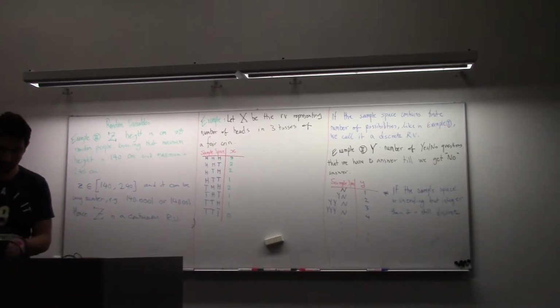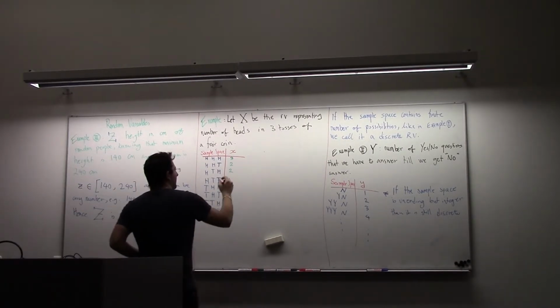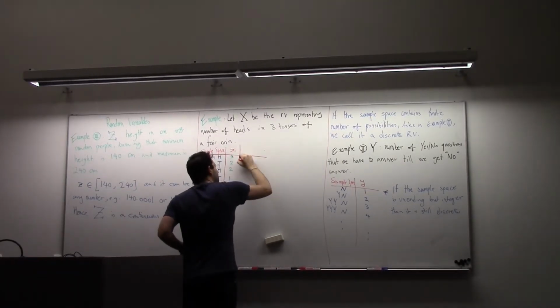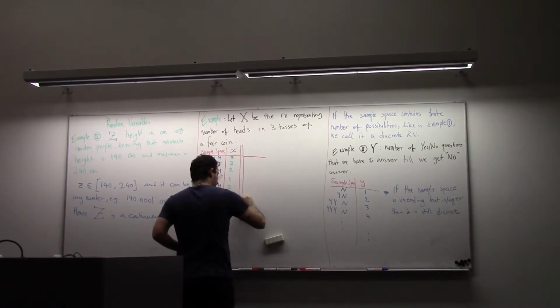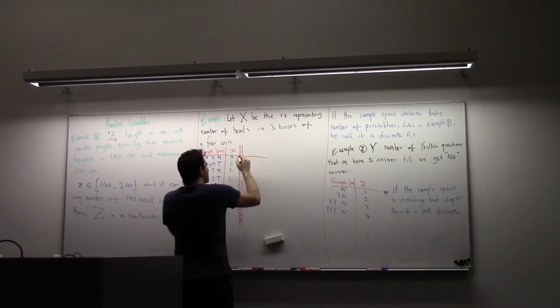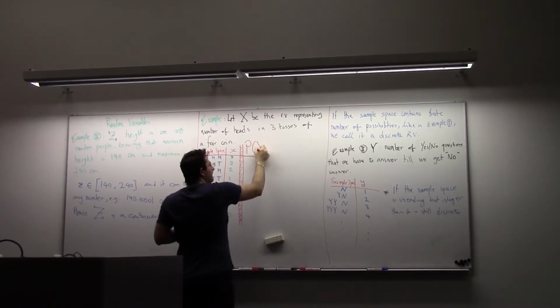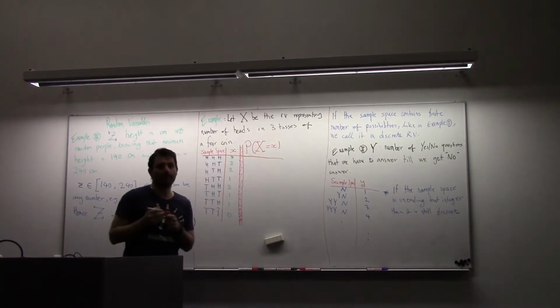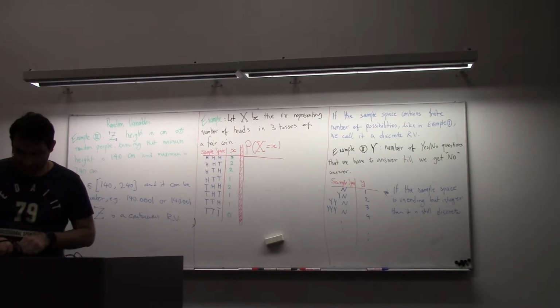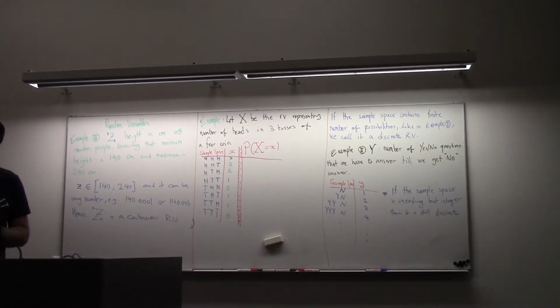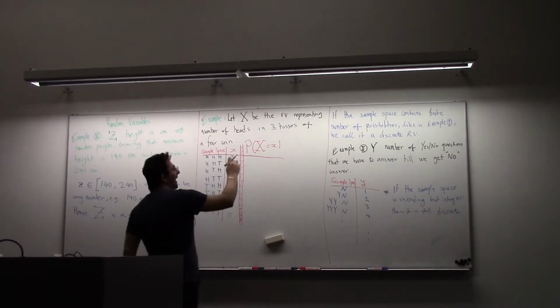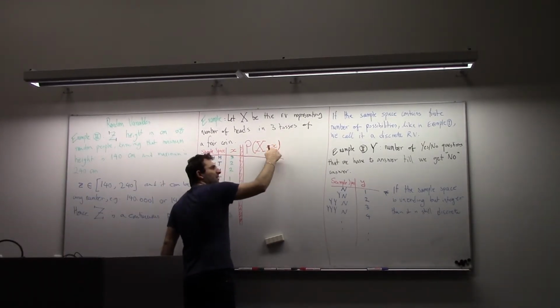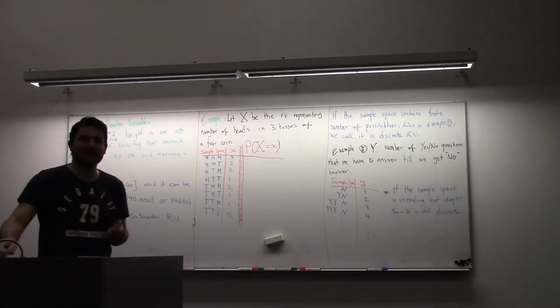Now, we are introducing a new notation. And this new notation is P of X is equal to x. We read it in this form: the probability that the random variable X is equal to this number, which is our lowercase x.